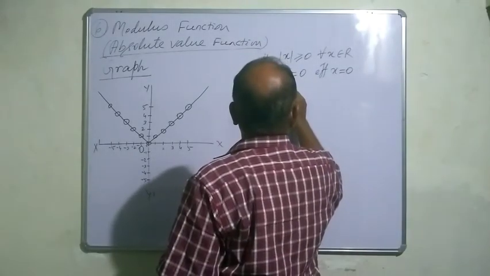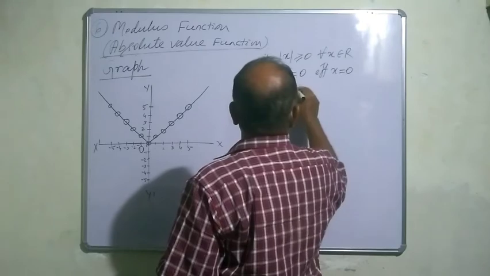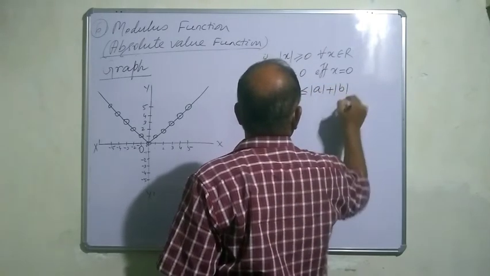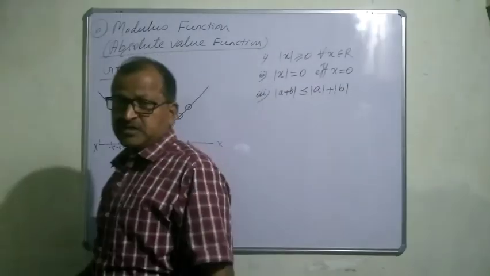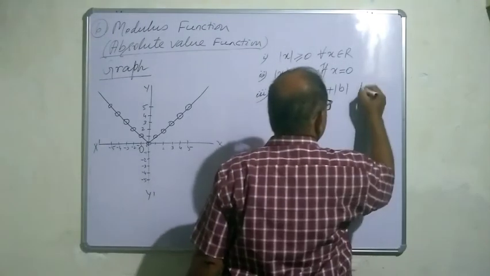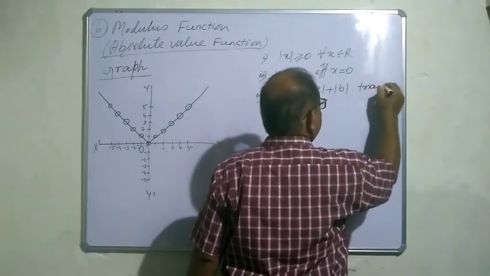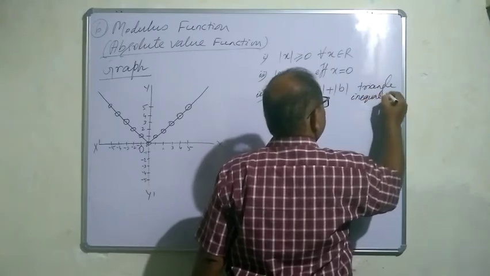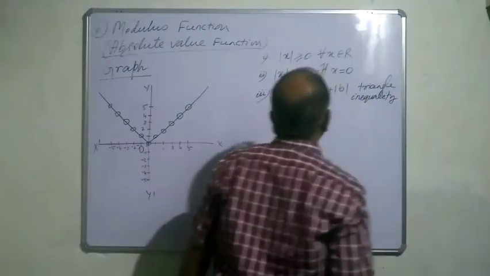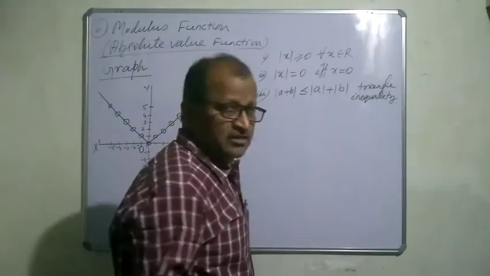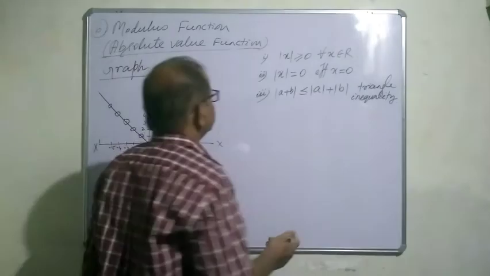Number 3, the modulus of a plus b is less than or equal to the modulus of a plus the modulus of b, which is known as the triangle inequality. You have done it in your matriculation, perhaps in 9th class.